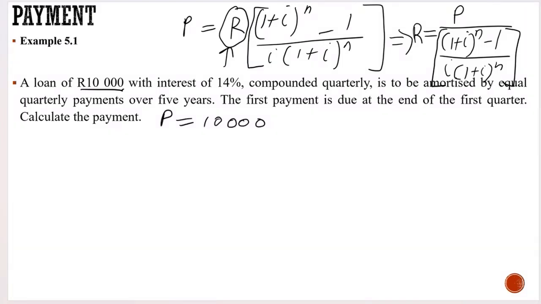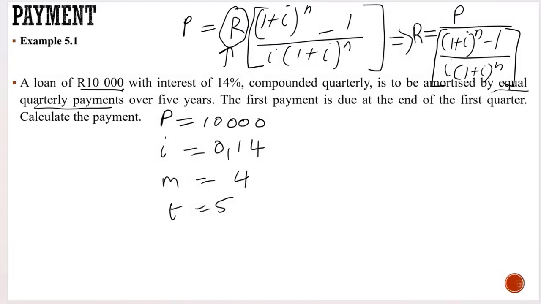The interest is 0.14, compounding quarterly. It is to be amortized in equal quarterly payments, so the payments are also quarterly. Over 5 years, T is equal to 5. The first payment is due at the end of the first quarter. Calculate the payment.